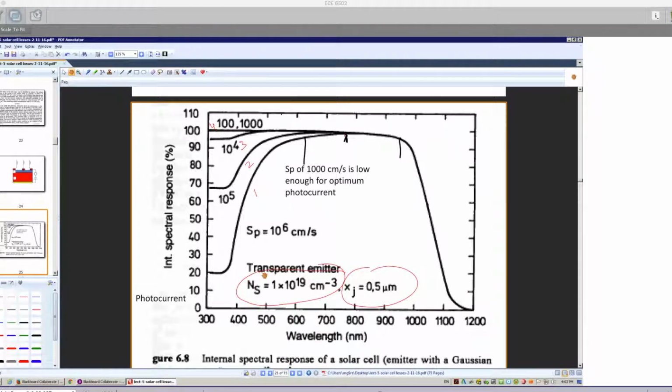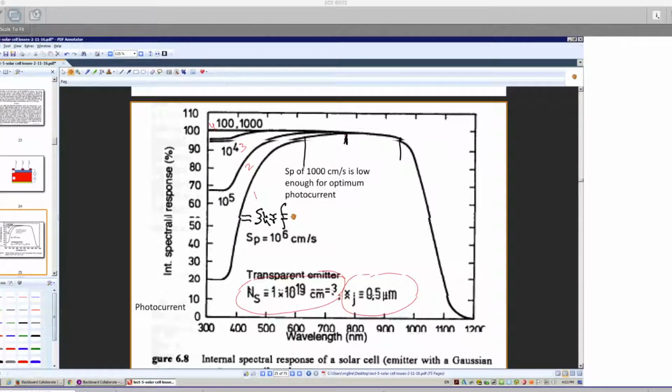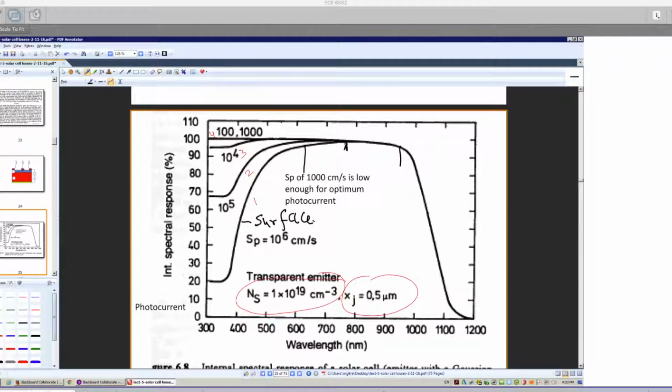Why is that? Why does the response go down in this part of the spectrum? What kind of recombination? Like front surface recombination? Surface recombination, yeah, because we know that surfaces add more recombination than the bulk.